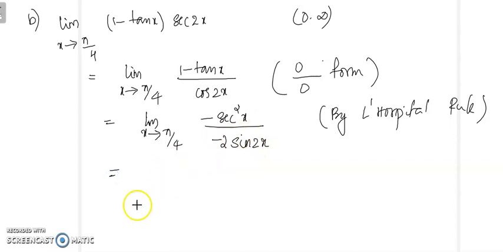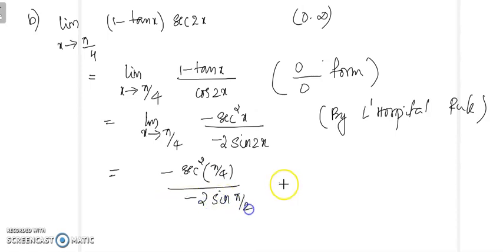Now apply the limit, so you will get minus sec square pi by 4 by minus 2 sine pi by 2. So cos pi by 4 is 1 by root 2, so you will get minus 2 by minus 2, so the value is equal to 1.